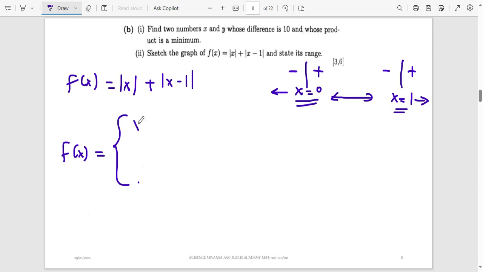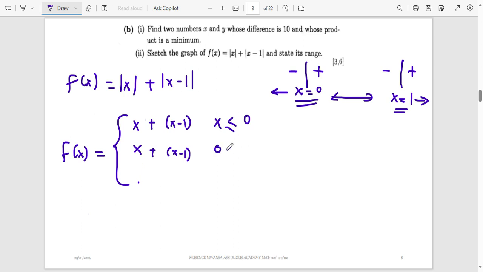So I write x, I write plus, I write x minus 1. The absolute bars are not there. So let's say this is for values of x less than or equal to 0, I write the factor again, x plus x minus 1. But let's say now this one is for values of x between 0 and 1.